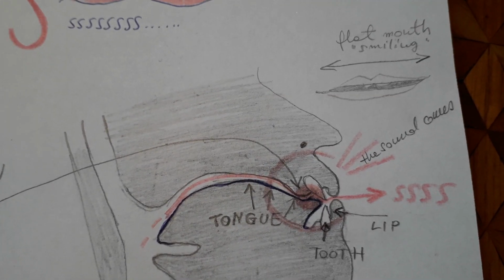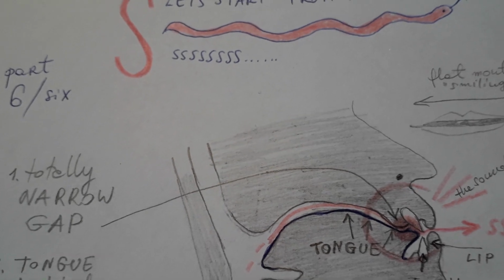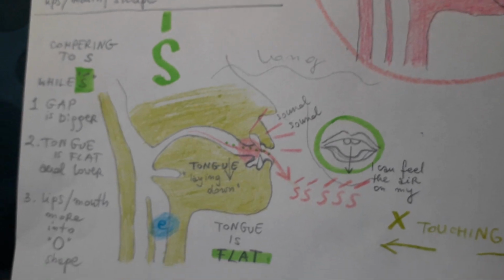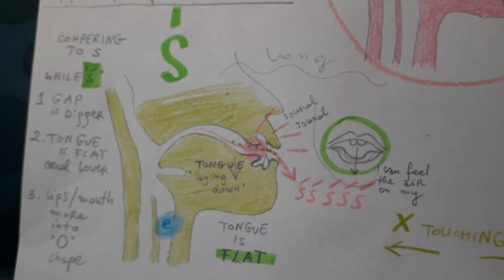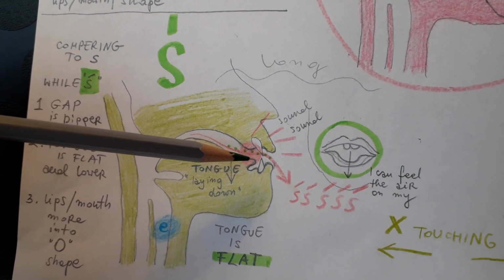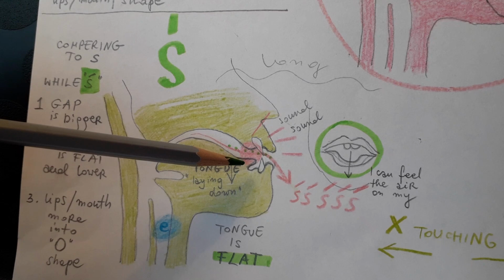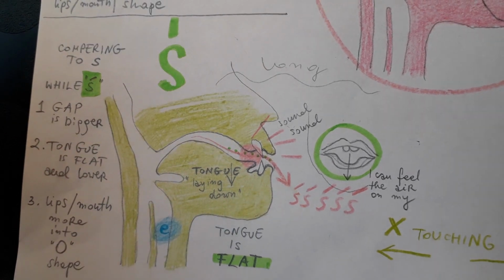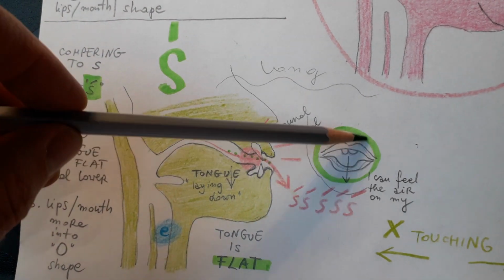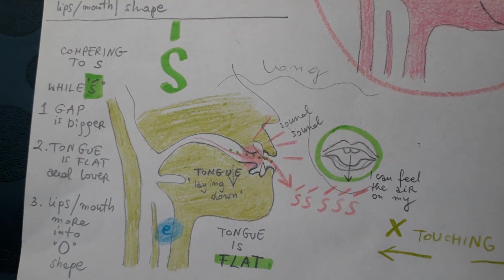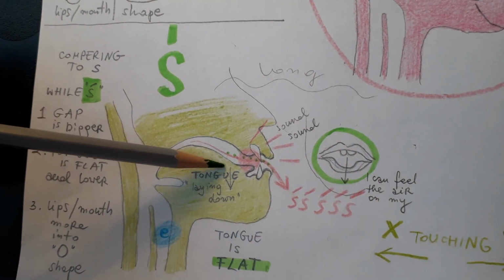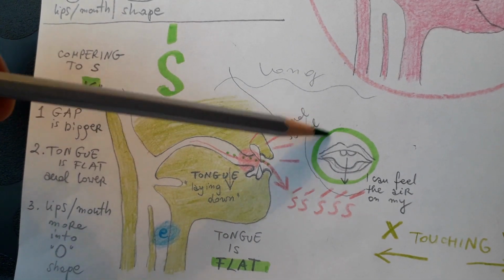And comparing it to the letter ś, I have a drawing here. You can see that you make a bigger gap between the palate and the tongue, and you don't touch the palate with your tongue, the same as with the S, but the lips are more in the shape of O. So the only difference is making the bigger gap and changing the shape of the lips.